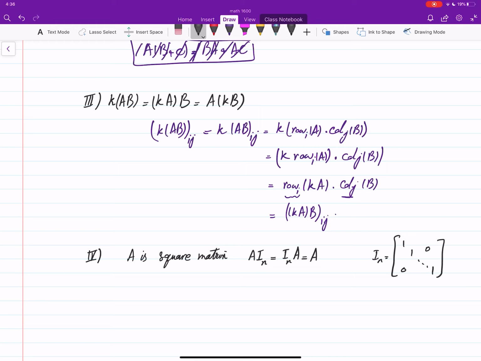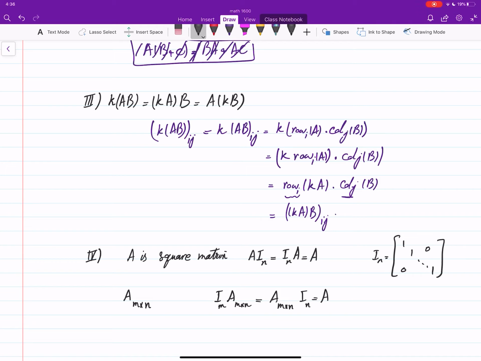You get A. And if A is not a square matrix, it's just an m by n matrix, then we can multiply A from the left by the identity matrix of order m, and you can multiply from the right by the identity matrix of order n.